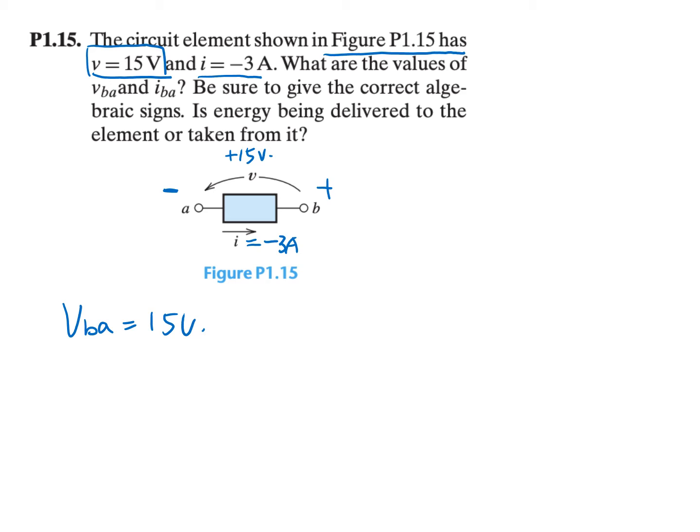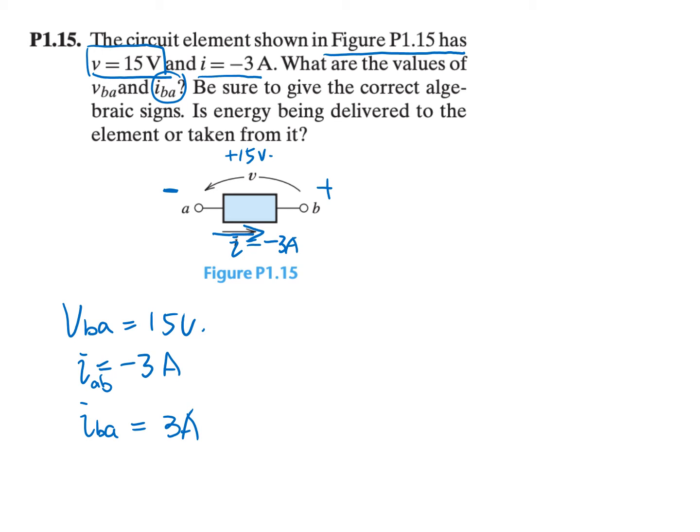And we see that I is the current that flows from A to B. So this is I, and I is equal to negative 3 mA. That is also IAB. But the question asks us to find the IBA. So IBA is equal to 3 mA.